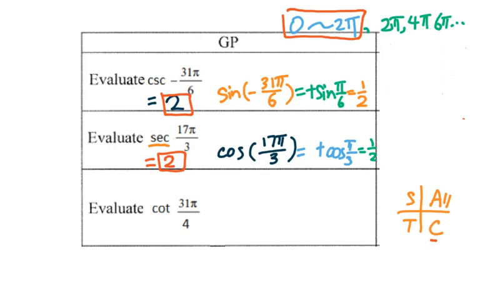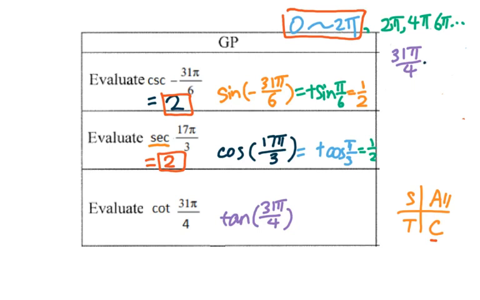Cotangent 31 pi over 4. So the related major trig function will be tangent 31 pi over 4. For 31 pi over 4, 31 divided by 4, you will get 7 point something.